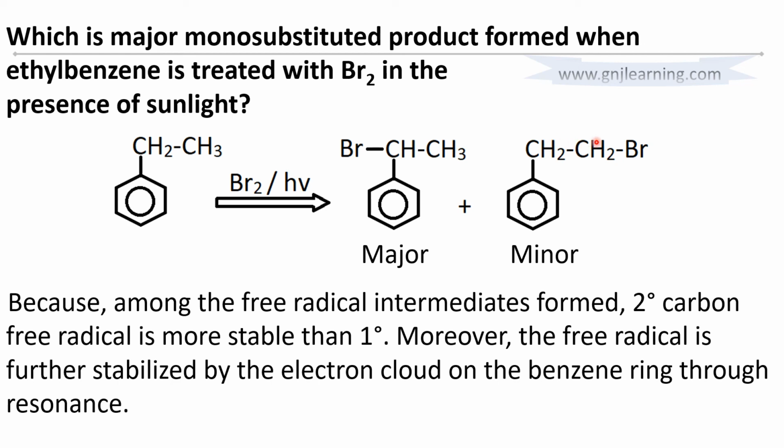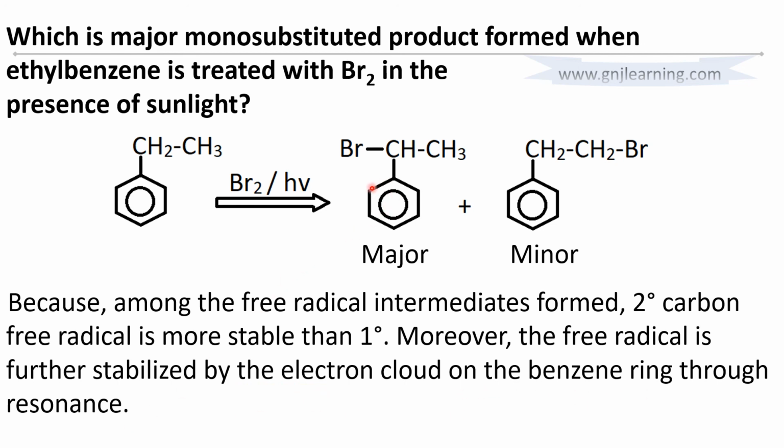This is the primary free radical and this is the secondary free radical. Among this primary and secondary, which is more stable, we have learned in the last slide, it is the secondary free radical that is more stable. Clear? So among the free radical intermediates formed, the secondary carbon free radical is more stable than primary. Moreover, the free radical is further stabilized by the electron cloud on the benzene ring through resonance.